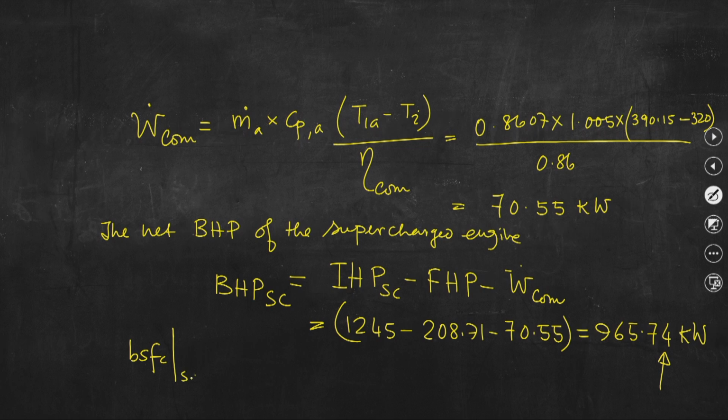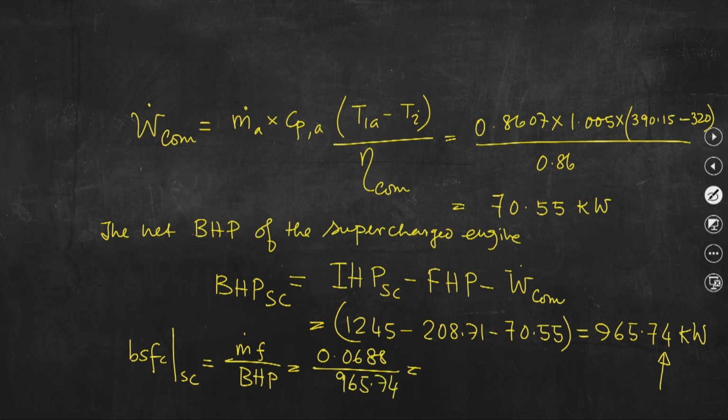And if we calculate BSFC for the supercharged condition, that is again m dot f divided by BHP. The mass flow rate of fuel remains the same, that is given in the problem statement. So, this is 0.0688 divided by 965.74, and it is 0.2564.